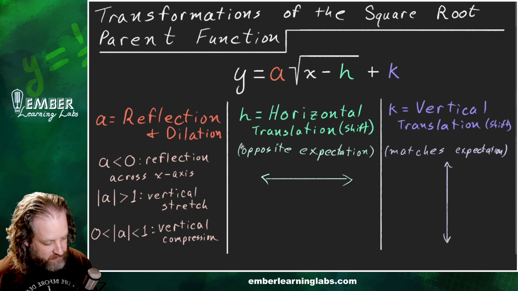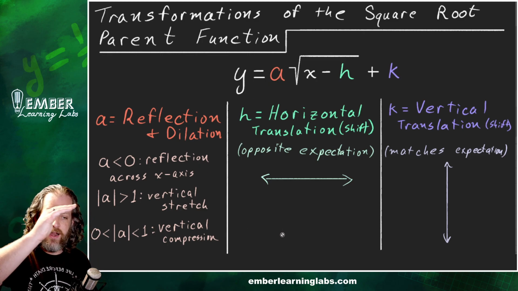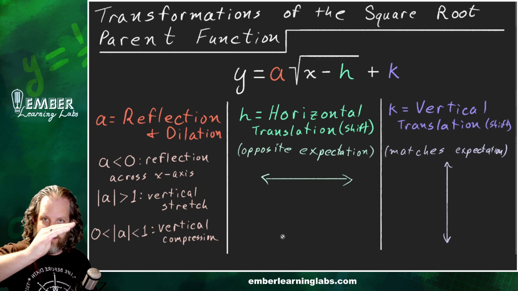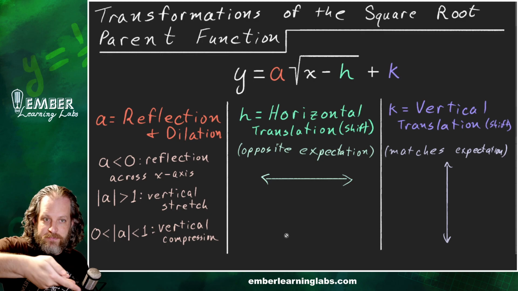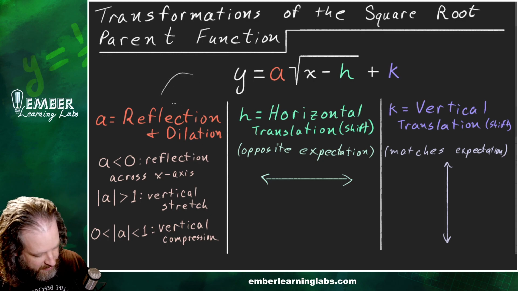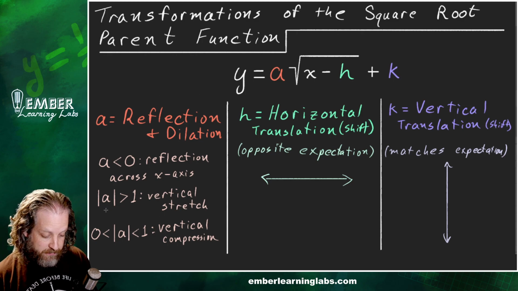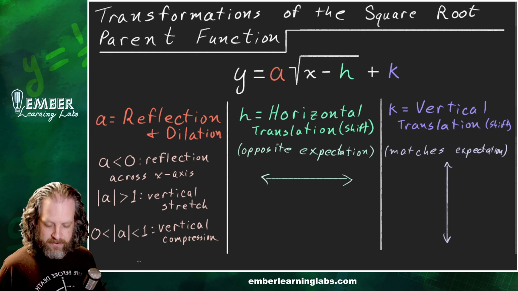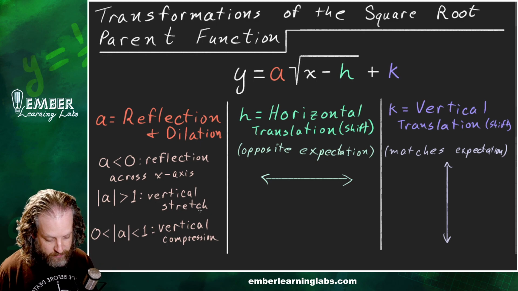So the a is still the reflection and dilation. If a is negative, then it takes the square root function, the curve that was like this, and flips it underneath. So instead of being like this, it will now be like that if it's negative. If the absolute value of a, like positive 2 or negative 2 or whatever else, is greater than 1, it is a vertical stretch.